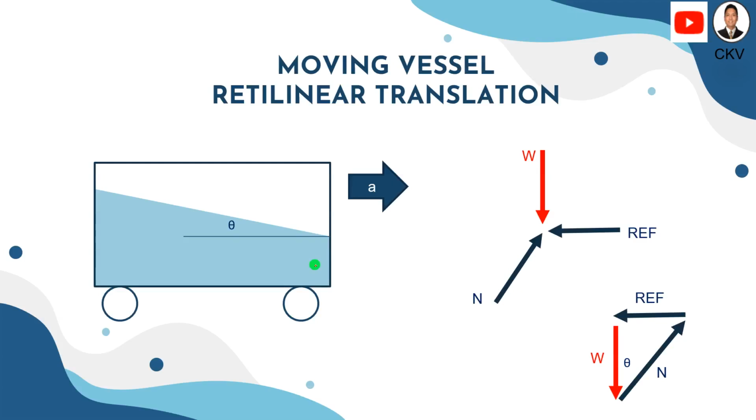So take note class, in this figure, this moving vessel is moving on a flat surface, okay? So there's no angle of inclination on the surface where the vessel is moving. So based on the force triangle, we have tan theta, we have the reverse effective force, the weight, the normal force.